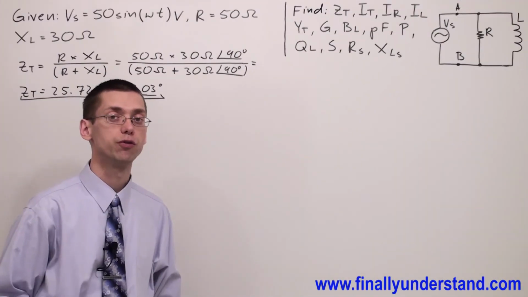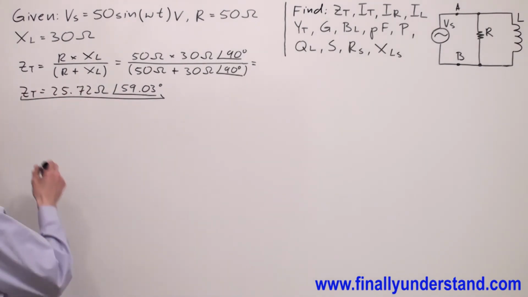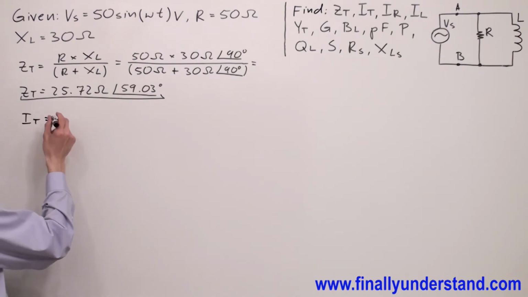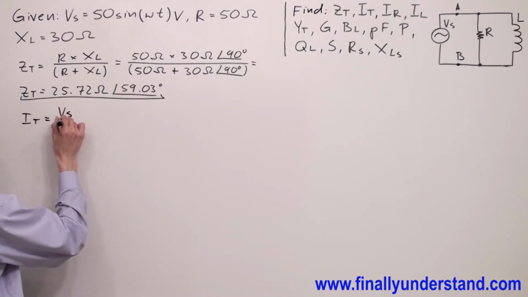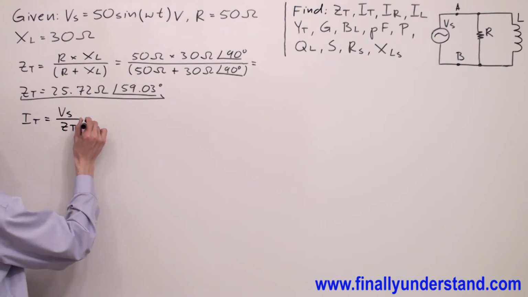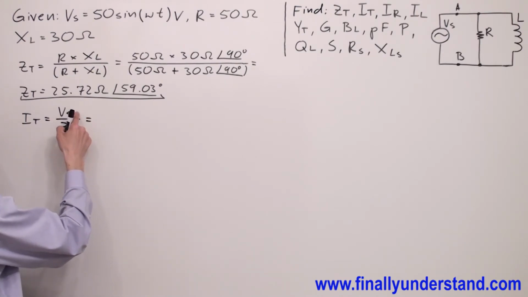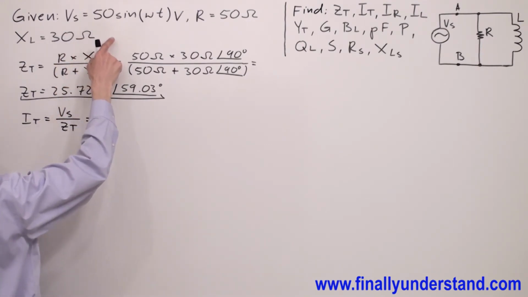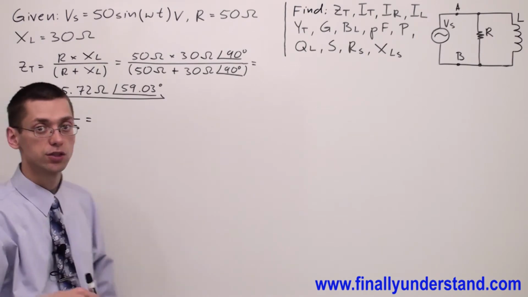Next, we're supposed to find I total. I'm going to find I total by using Ohm's law, which is voltage source over Z total, where voltage source is going to be peak voltage because the voltage is expressed in terms of the sine equation.